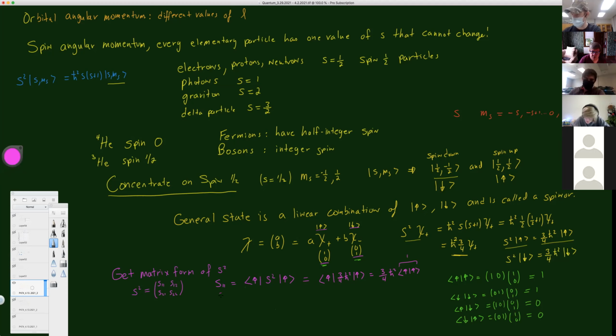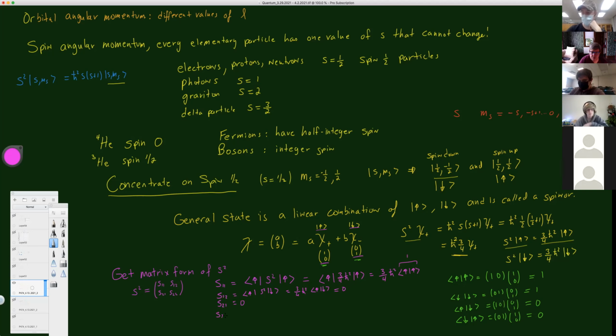So let's just write it down real quick. S12 is going to be up, and then s squared acting on down. That's going to be 3/4 h bar squared, and then this inner product of up with down, which of course is going to give us 0. So this element is 0. Similar with S21, so I won't bore you with that. S21 equals 0.